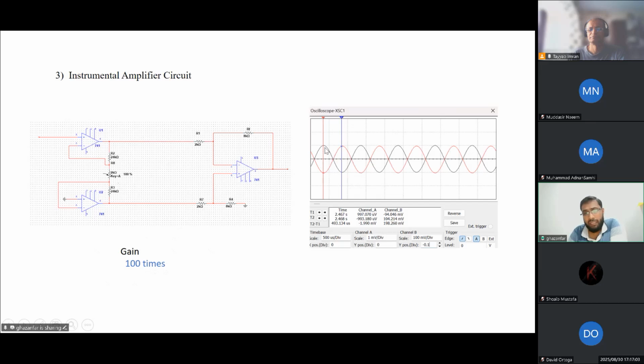The black is the input signal, and the red one is our output signal. Channel A is set at 1 millivolt per division, and channel B is set at 100 millivolts per division. So it is clear that we have successfully achieved 100 times amplification.